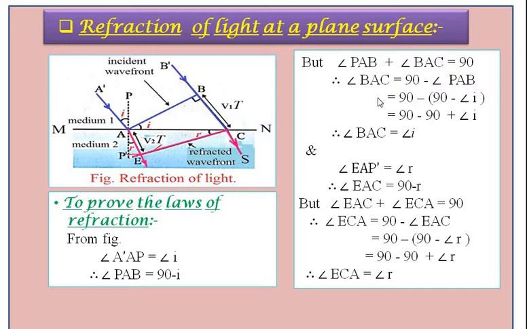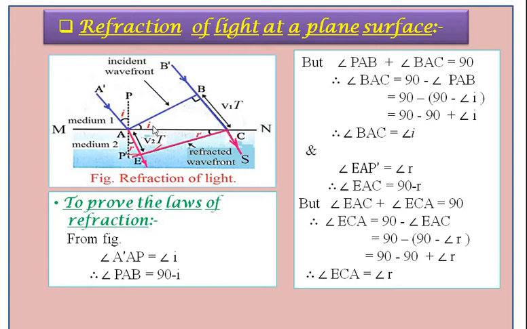So angle BAC is equal to 90 minus the value of angle PAB, which is 90 minus i. So this 90 gets cancelled and we get the value of angle BAC equal to angle of incidence i.